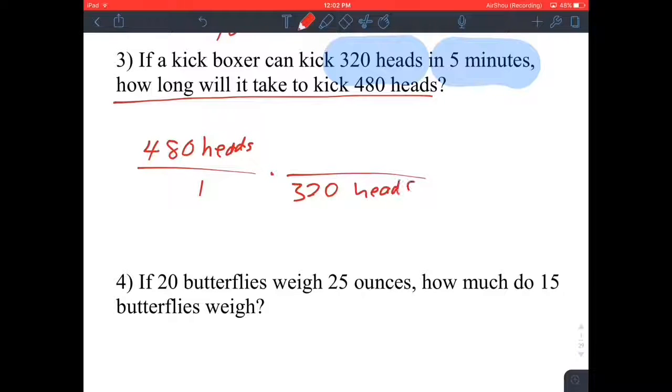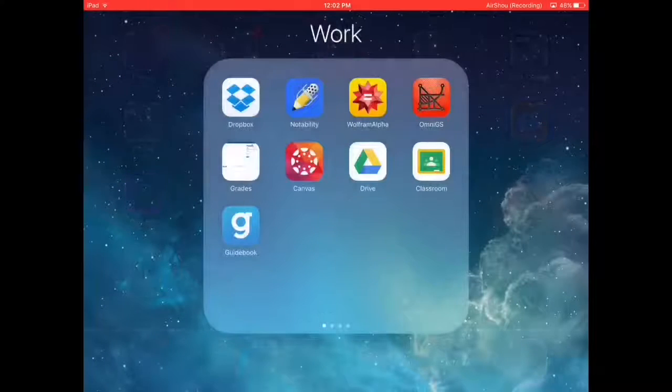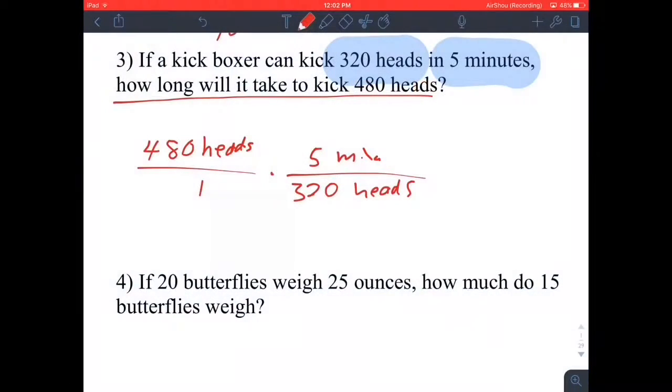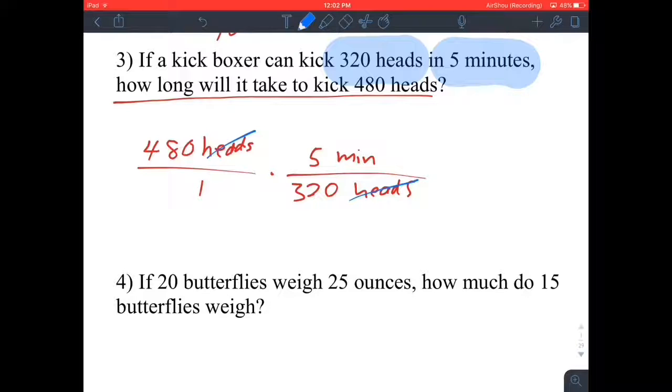It's important to label your numbers. We got 5 minutes on top. As far as canceling goes, heads cancel. You can do some division here to get this simpler, but you know what? What's the point? We want to save time.